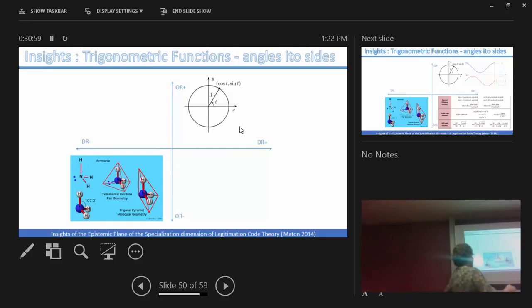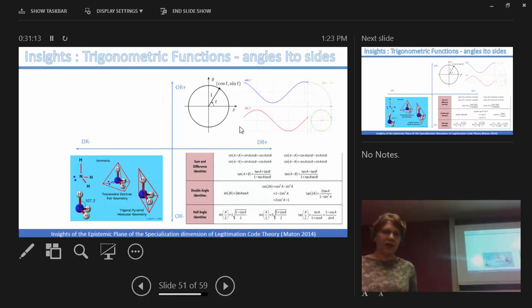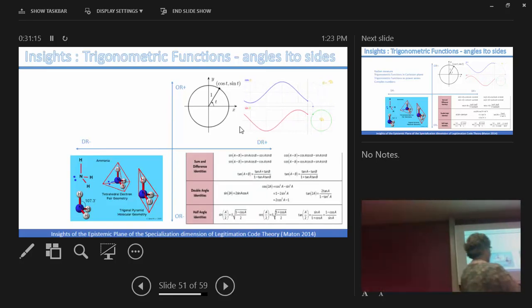So yet another way to think of trig, and moving then towards functions, is that if you take a unit circle, the point on the unit circle is given by those two trig functions. And when you trace out this point along the circle, you're tracing out these curves.